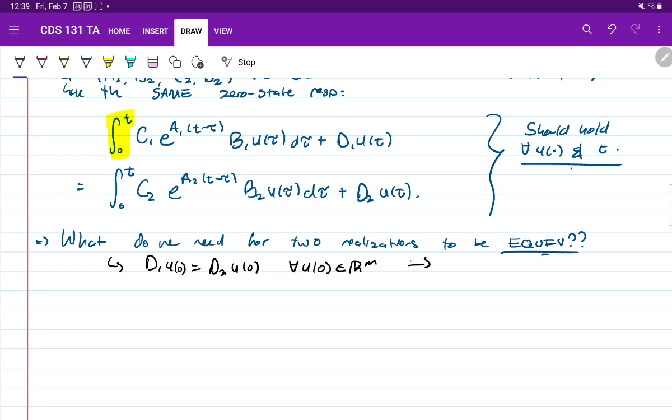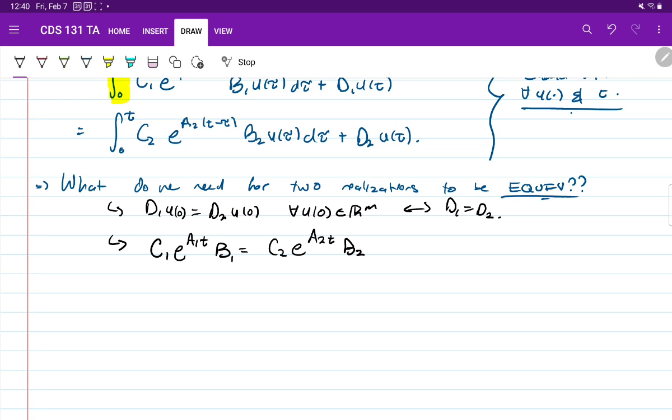This is going to be the same thing as D1 equals D2. Now second, if we apply a unit impulse input to both of these systems and evaluate that at time t, then we'll need C1 e to the A1 t B1 equal to C2 e to the A2 t B2. And this should also hold for all t.